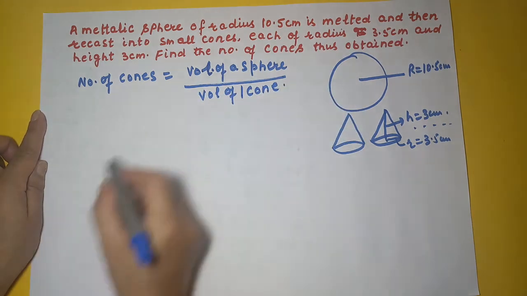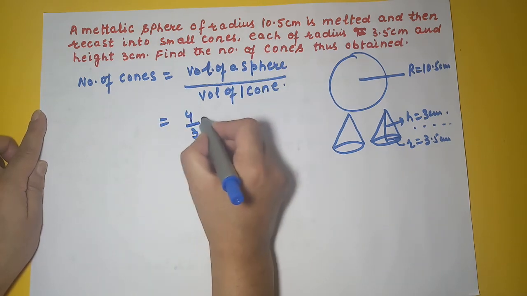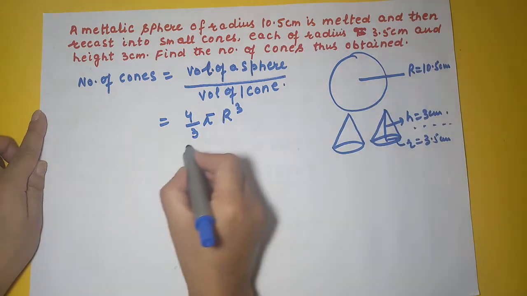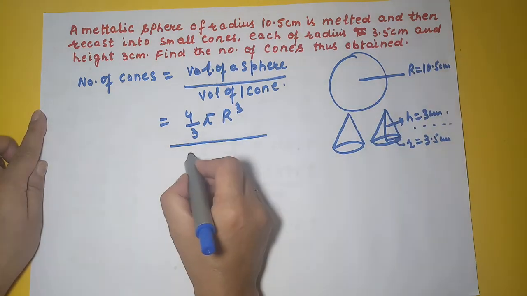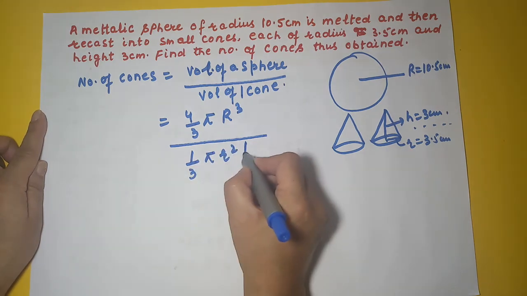The volume of a sphere is 4 by 3 pi r cube, divided by the volume of a cone, which is 1 by 3 pi r square h.